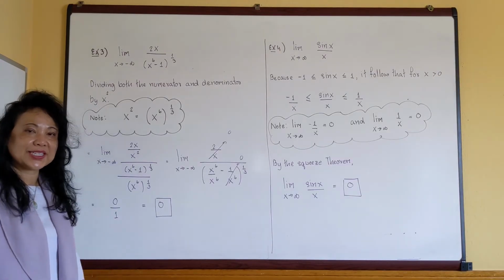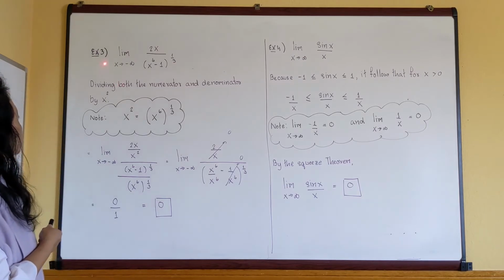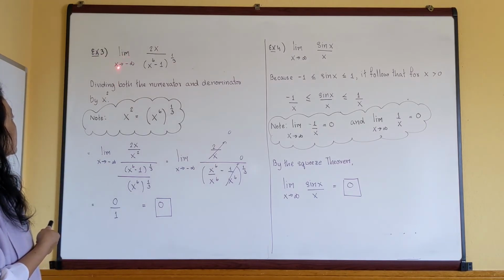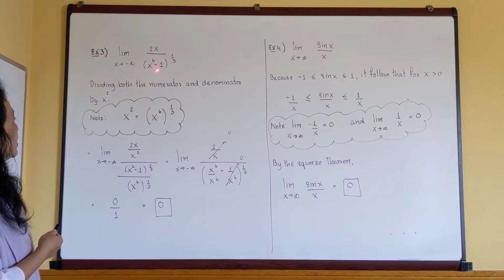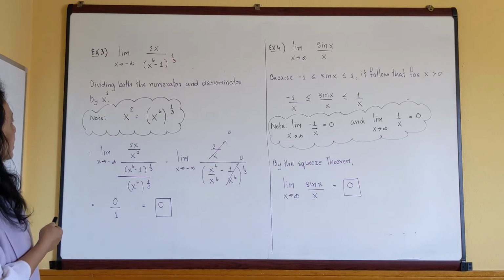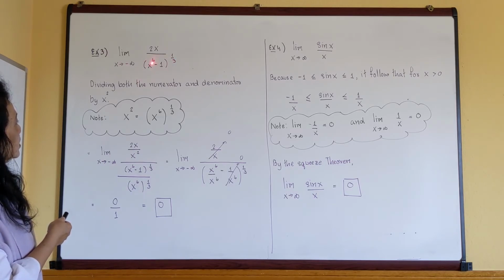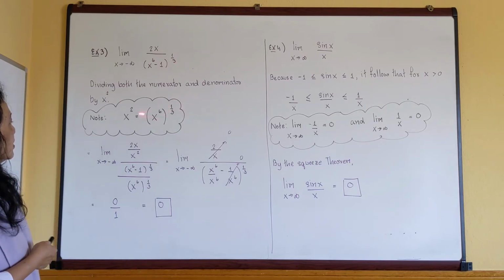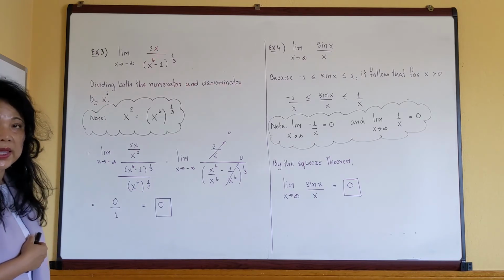Now let's look at the last two examples. Example 3, I have limit as x goes to negative infinity of 2x over x to the 6 minus 1 to the 1/3. If you look at x to the 6, x raised to the 6th power to the 1/3, actually is x squared. So I'm going to divide both numerator and denominator by x squared.